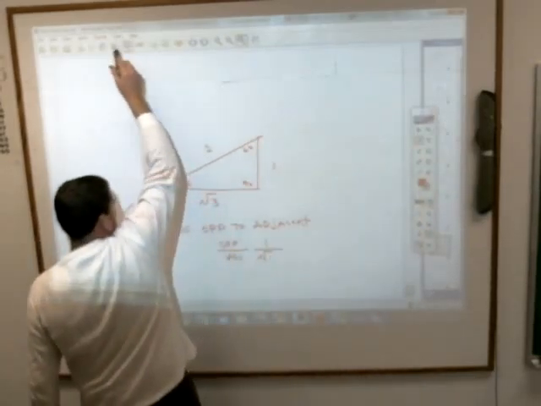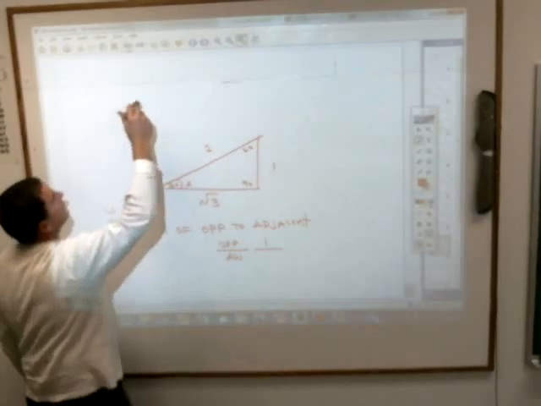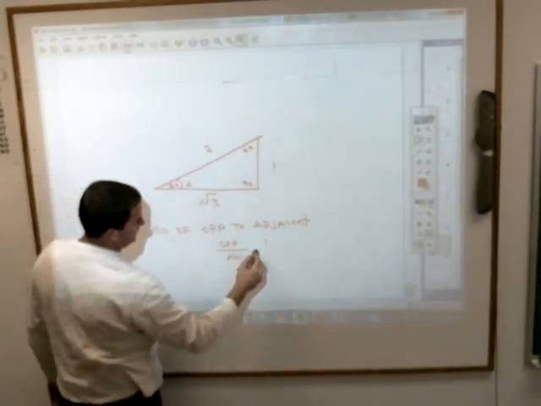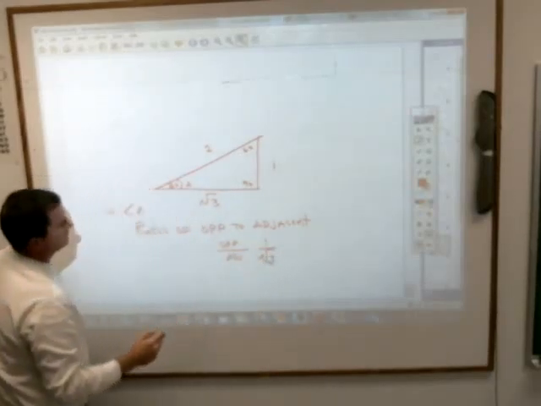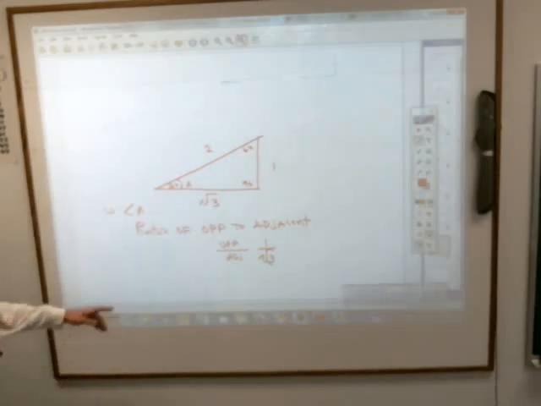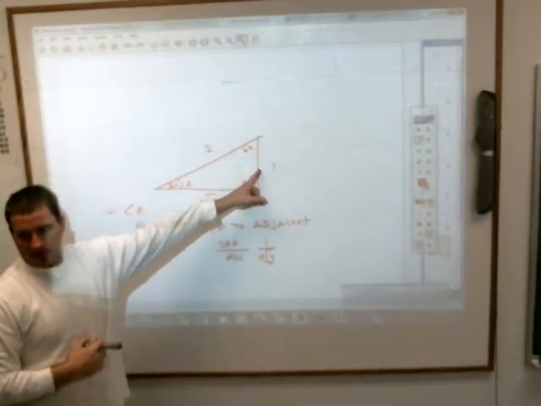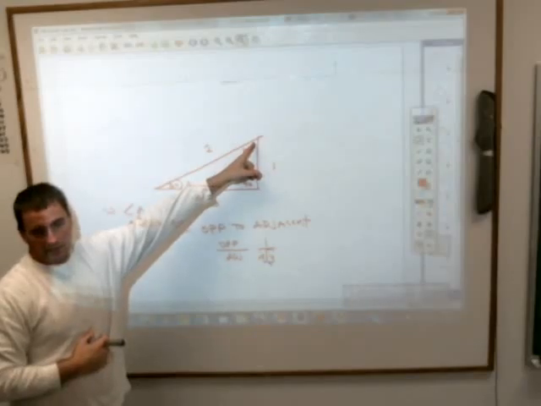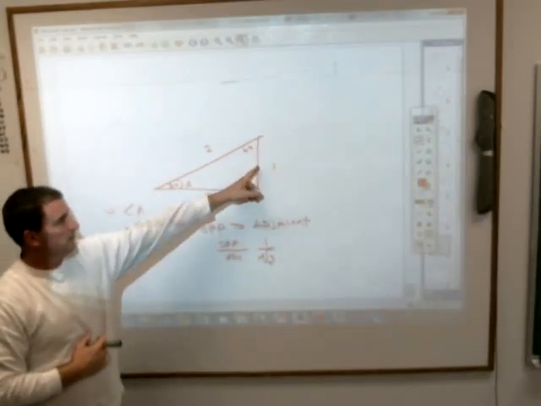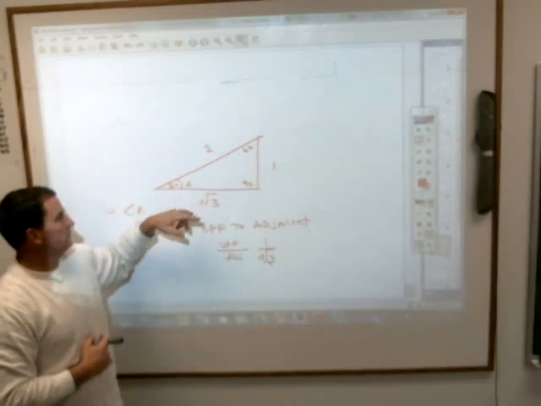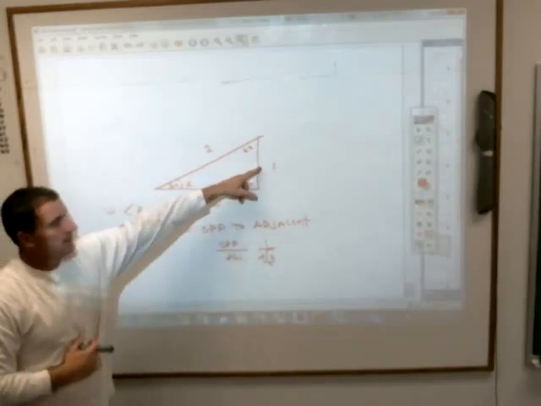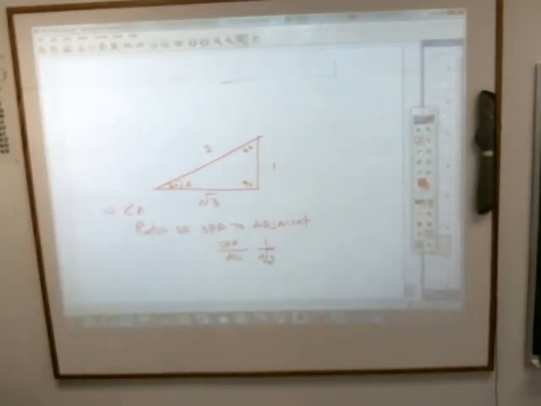I don't know. It should be the square root of 3, right? If you're talking about angle A, 1 is always the opposite side. But if I was talking about the 60-degree angle, then the opposite would be square root of 3 over 1. Okay? With respect to angle A.